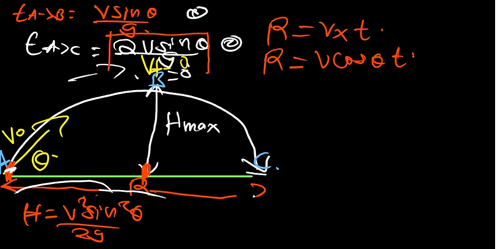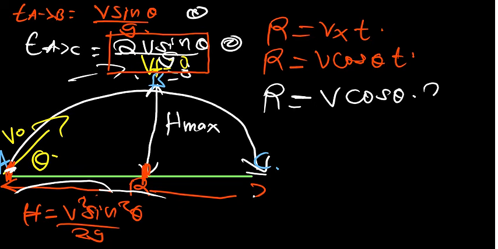So I'm going to say that the range is going to be V cos theta times the time, which is 2 V sine theta divided by G. Now from here I can do simple math. V times V is going to be V squared.